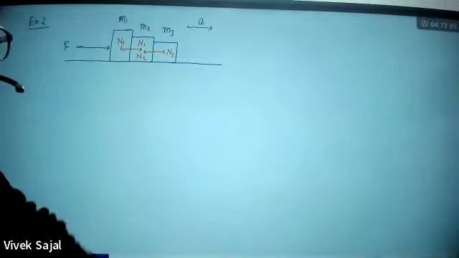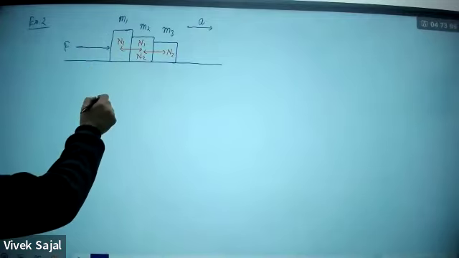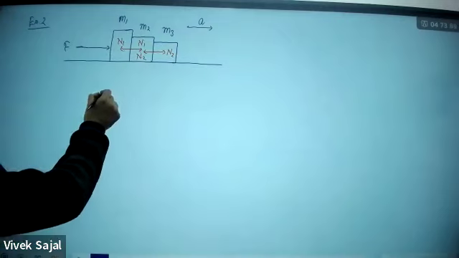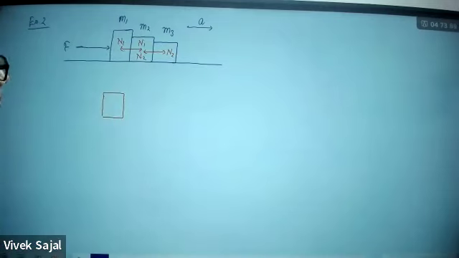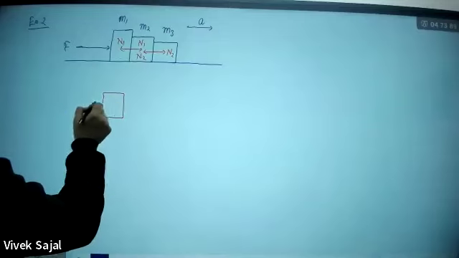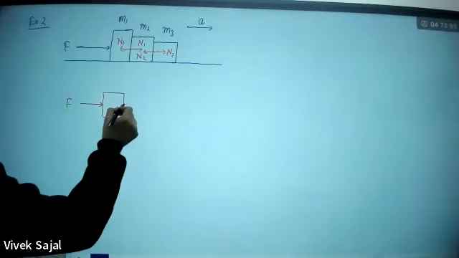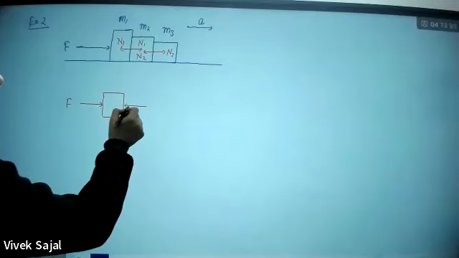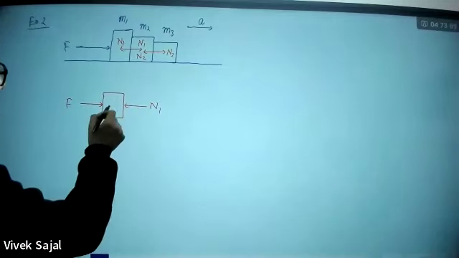This force F is acting on this. So you are going to draw a free body diagram for the first block. I'm saying this is the first block. If you look at it, try to understand: force F is acting from this side. From this side, normal reaction N1 is acting.